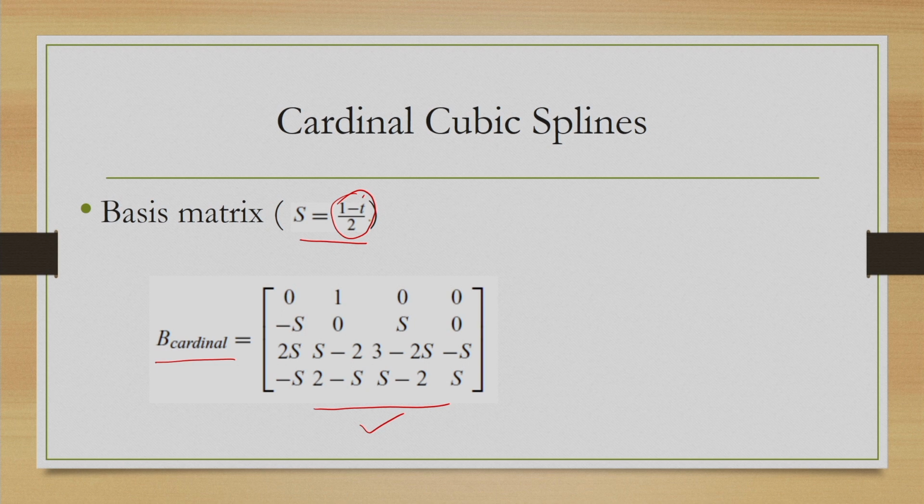So, to summarize, we have learned about 3 interpolating splines. Each of these interpolating splines is made up of polynomial pieces, and these pieces are cubic. So, each piece is defined by 4 control points. In case of natural cubics, the control points are defined in a particular way.